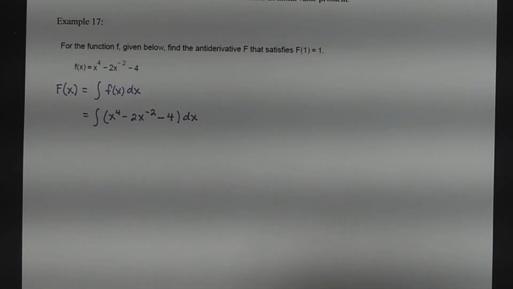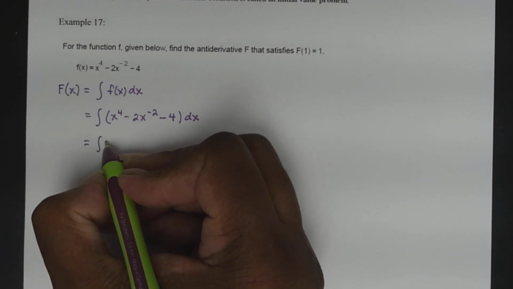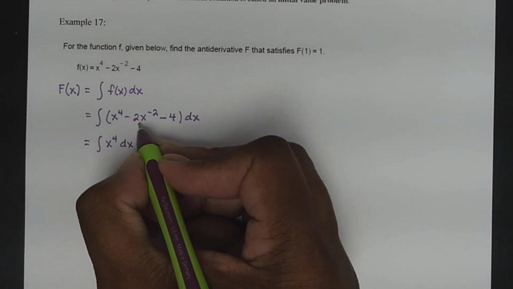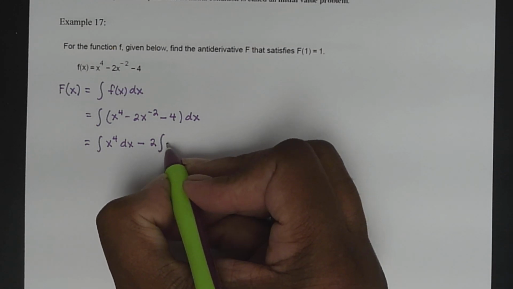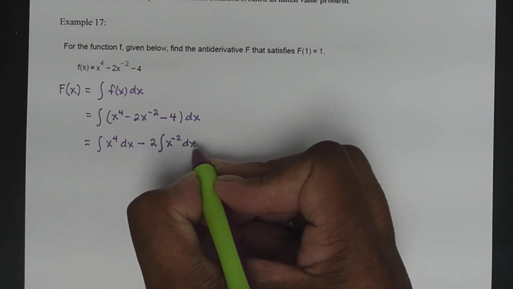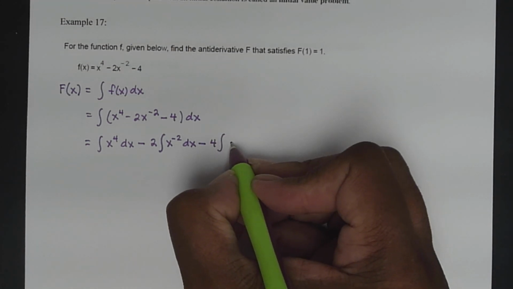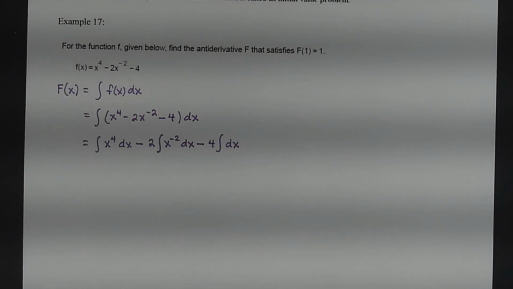Using the sum rule, I'd do the integral of x to the fourth dx, then minus, that 2 is a coefficient of x to the negative 2, so I can pull that out in front. So it'd be 2 times the integral of x to the negative 2 dx, minus that 4 can go out in front of the integral sign, so it'd be 4 times the integral of dx.